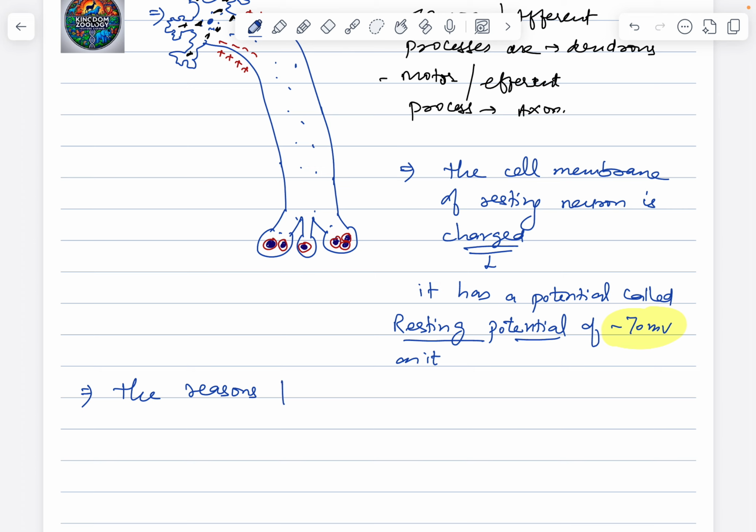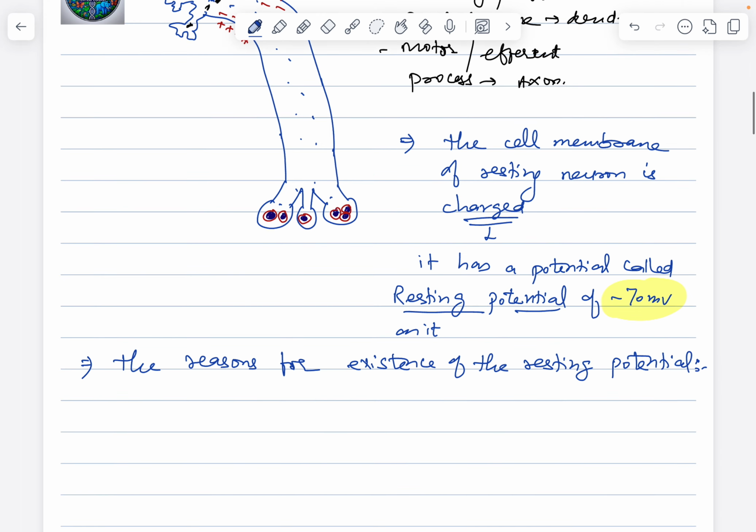The reasons for existence of the resting potential. So what are these reasons? First of all, the presence of an ATPase pump.